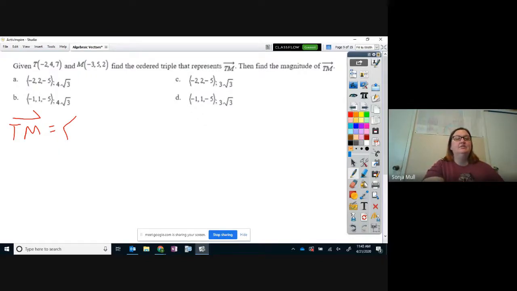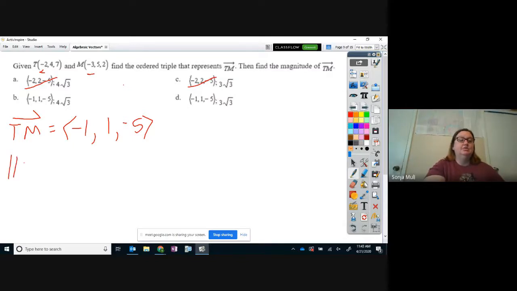I'm just going to do negative 3, the x component, minus negative 2, so that makes it plus. That's negative 1. Then 5 minus 4 is 1, and 2 minus 7 is negative 5. So that's my vector. It's not A, and it's not C, but that is the vector in both B and D.